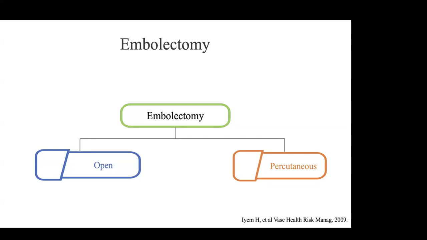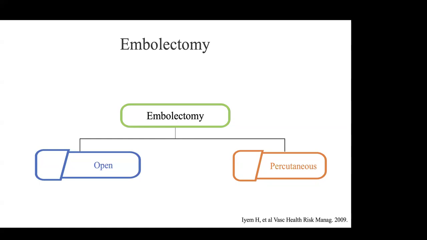Usually you make a transverse or longitudinal incision over the common femoral artery. Then we ensure that the vessel is healthy. After that, a transverse arteriotomy is made for embolectomy. If the artery is diseased, then you make a longitudinal incision because this will provide greater flexibility.